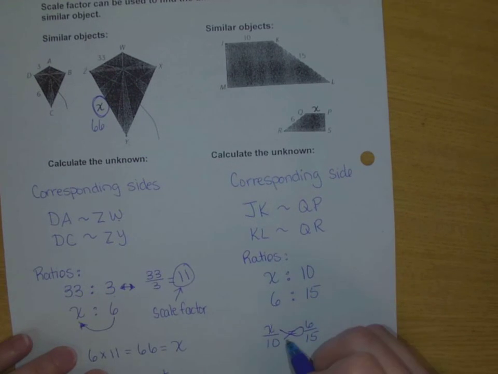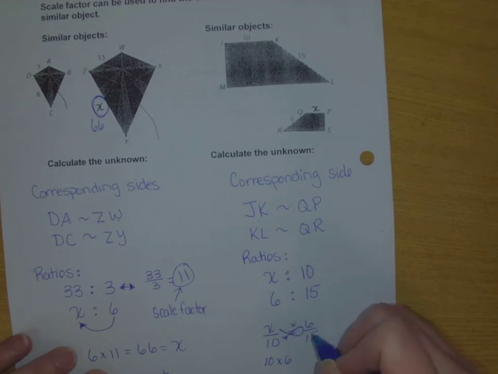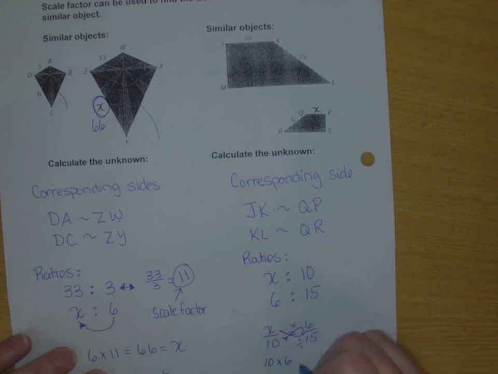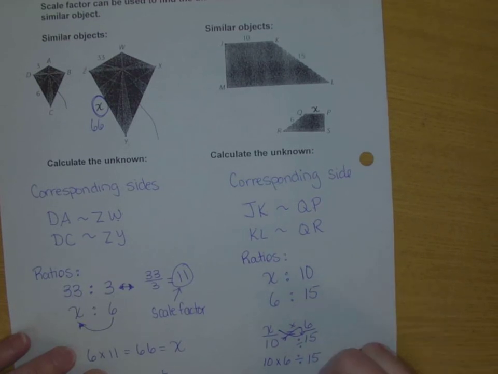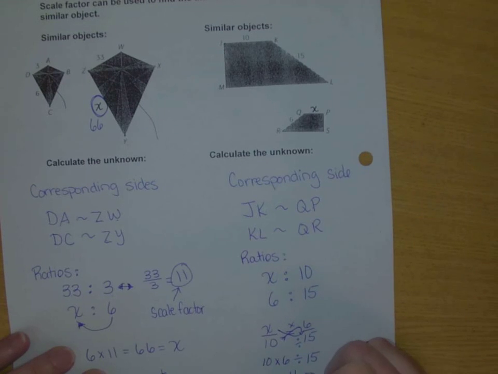We start at the bottom of our tail and go across, so we multiply 10 times 6, and then when we go down the tail, we divide by 15. When you put that in your calculator, you get 4, and that is our unknown.